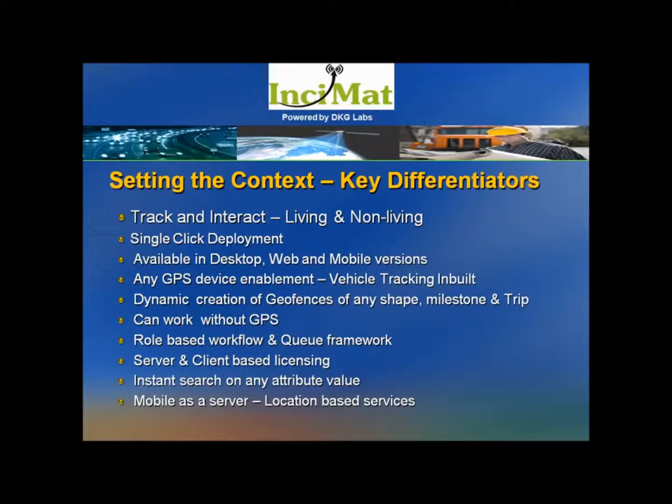The software has the capability to enable any GPS devices and hardware, so a vehicle tracking system is inbuilt. There is a dynamic algorithm and engine for creation of geofences of any shapes, trips, and milestones.